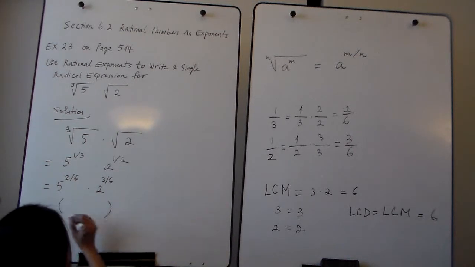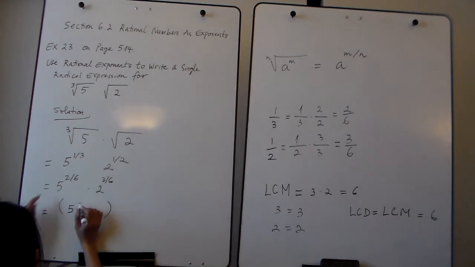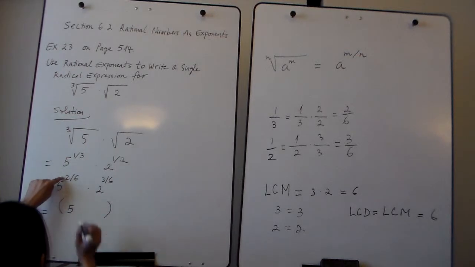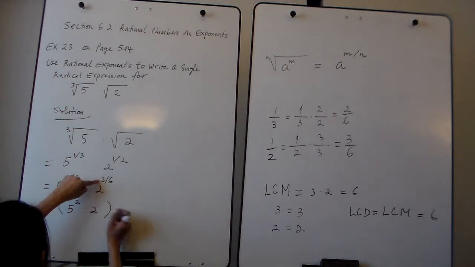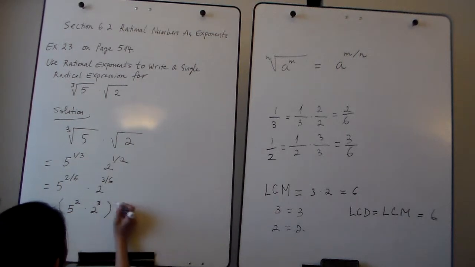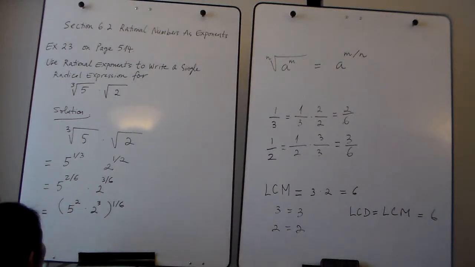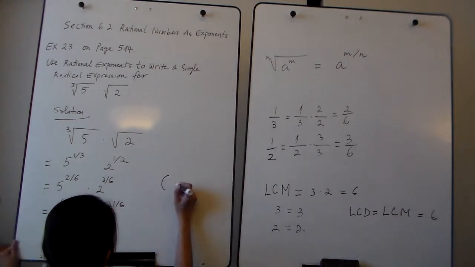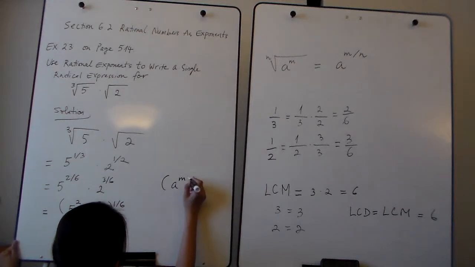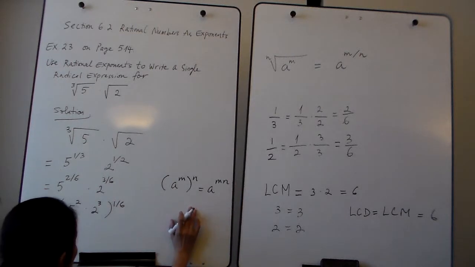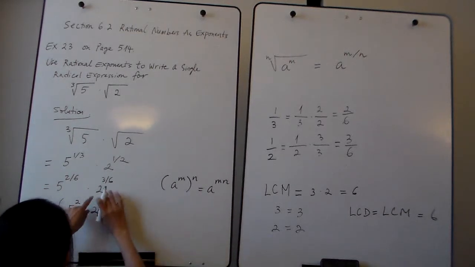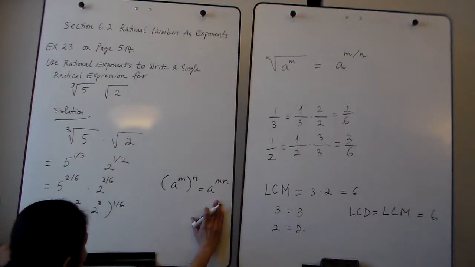So this here, this 5 with the numerator 2, and this 2 with the exponent 3, the outside exponent is 1 divided by 6. We're using the rule that A^(m/n) is equal to (A^m)^(1/n), which is the law of exponents. And what we got is on the right-hand side.